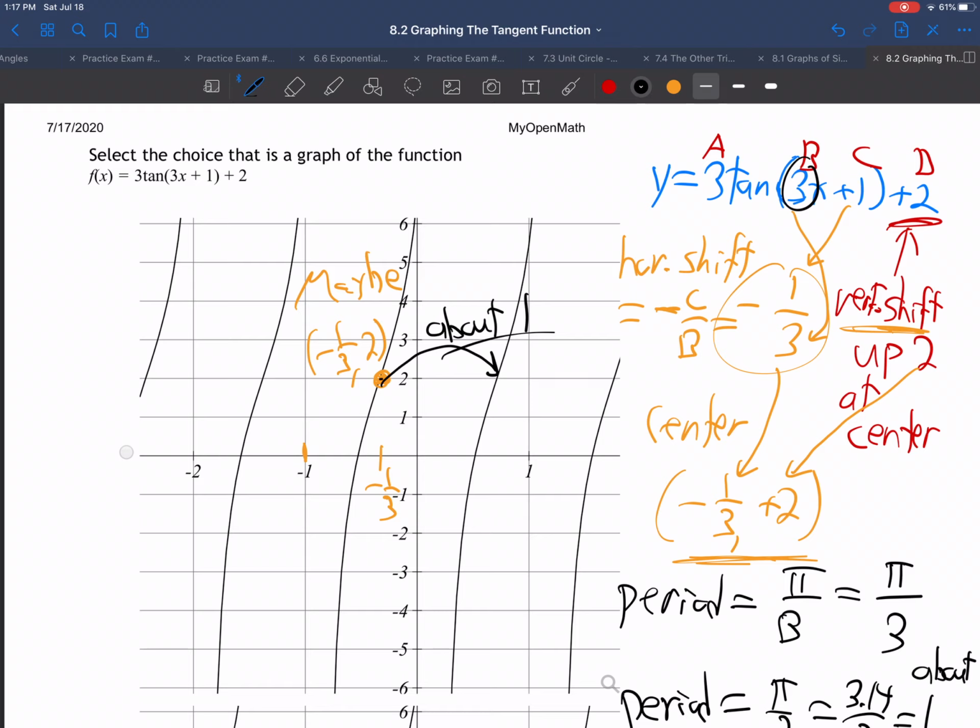Yeah, pretty close, right? It goes from just a little bit left of 0 to just a little bit left of 1. That looks like about 1 to me. That period looks pretty good from cycle to cycle. Or you could go from here to there, wherever you want. Jump from here to here to here. Looks like it's jumping about 1, doesn't it? Those are all about 1.